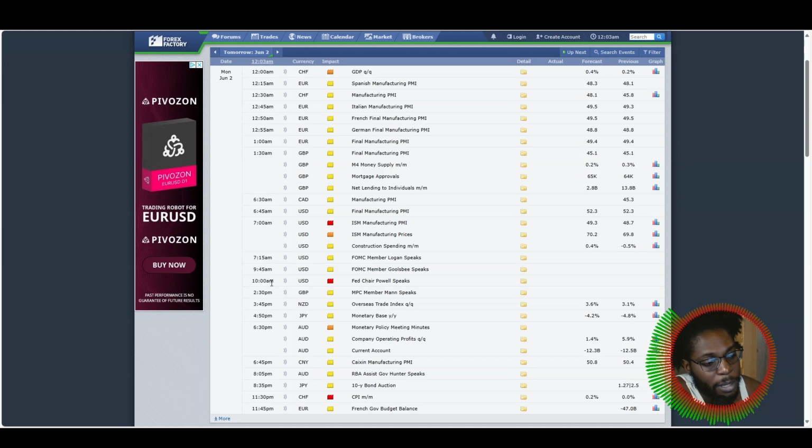So we'll probably be looking for either an AM trade if we can get some movement during the morning, but a lot of times whenever he's speaking, it's usually choppy, like chopping back and forth. But since it's later, like after lunch, we might get more movement during the New York AM session, and then we might just have to sit out the PM session.